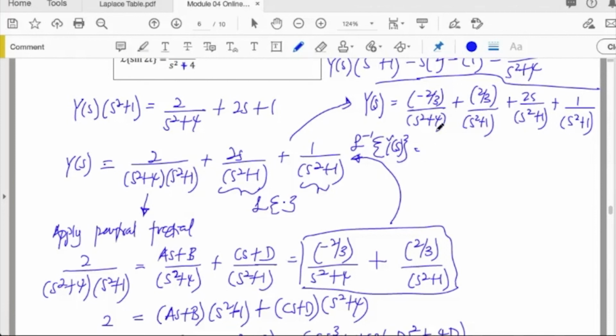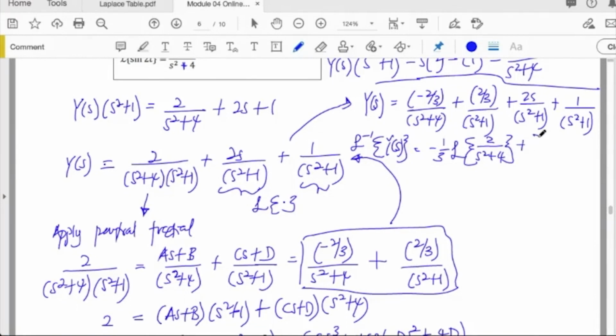you can do it like this. I just write down the solutions. So you apply the inverse Laplace transform to 2 over s squared plus 4. That's the first part.